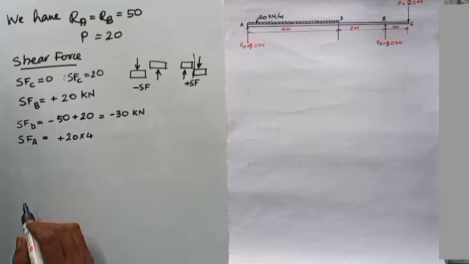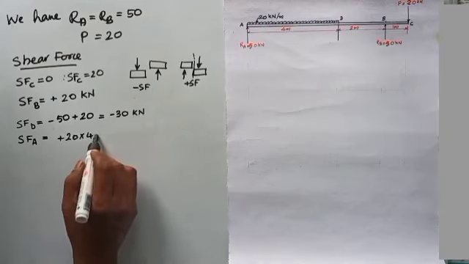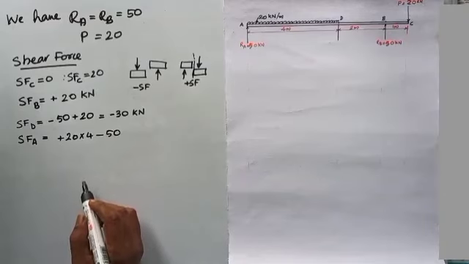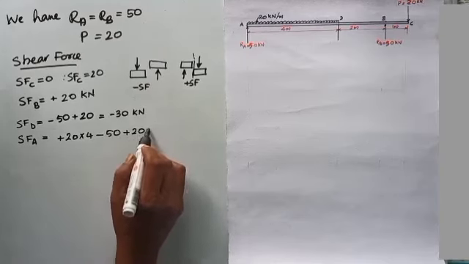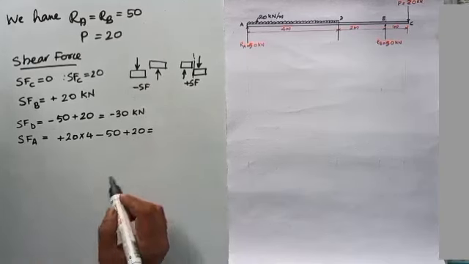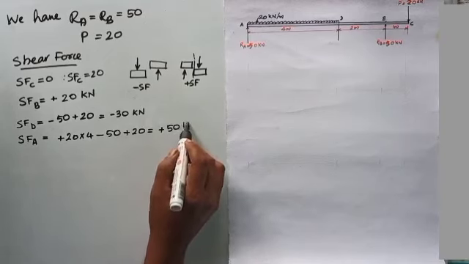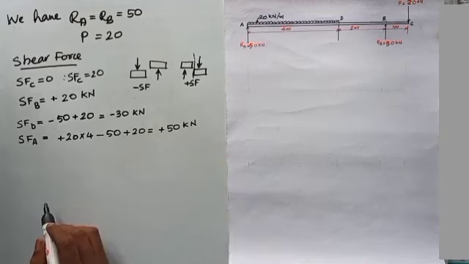Again we consider RB. RB is upwards, so it will be minus 50. Then 20 acting downwards will be positive, which is equal to plus 50 kilonewton. So shear force at A will be plus 50 kilonewton.